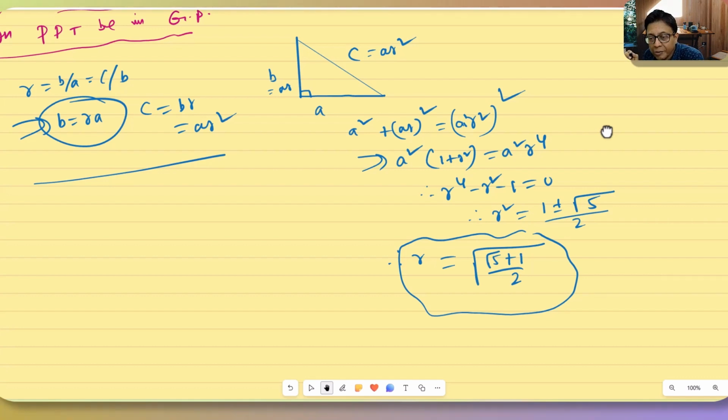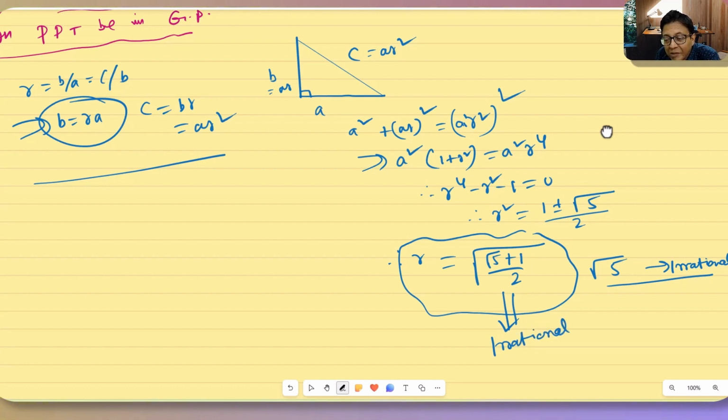This is an irrational number. Root 5 is irrational. Clear? This thing is going to be irrational.